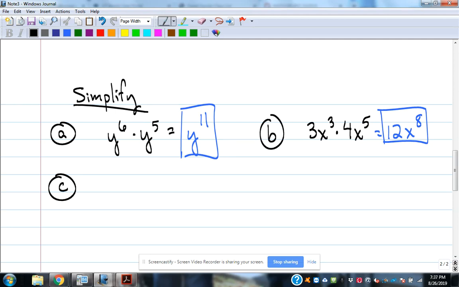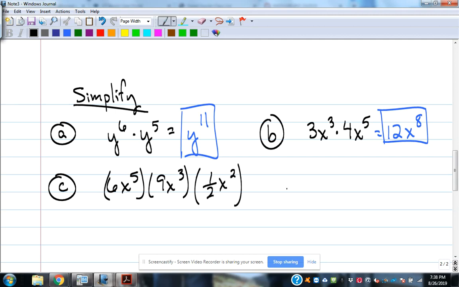Let's step it up a notch. Put 3 things there. 6x to the 5th, 9x to the 3rd, and 1/2 x squared. Ooh, you put a fraction in there. Does it matter what order I multiply things together in? No. The name of the property that allows you to do it in any order you want is the commutative property.